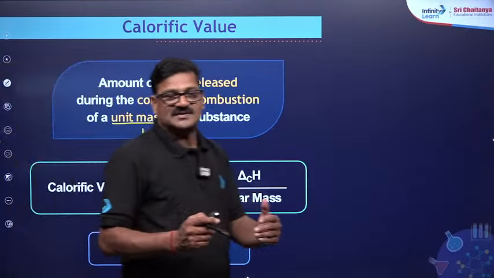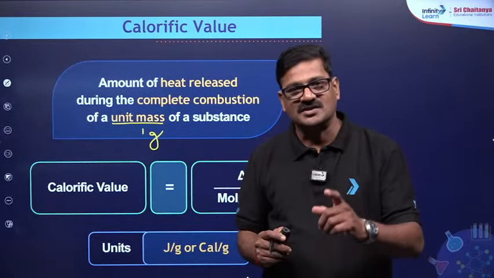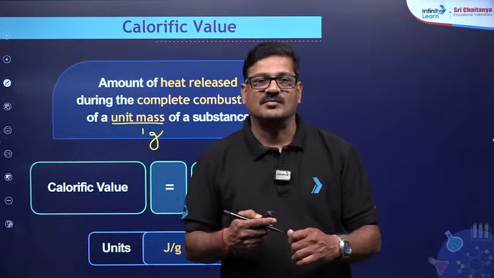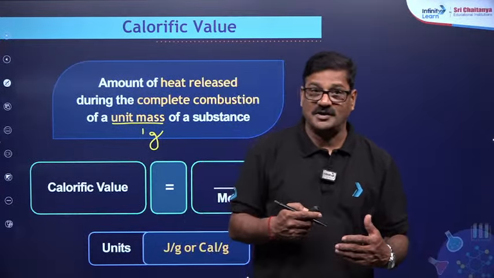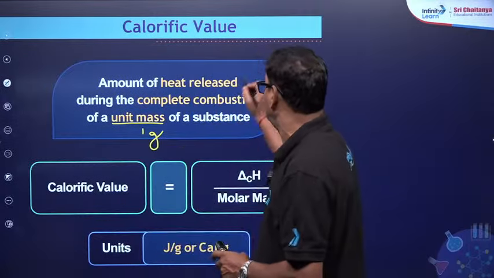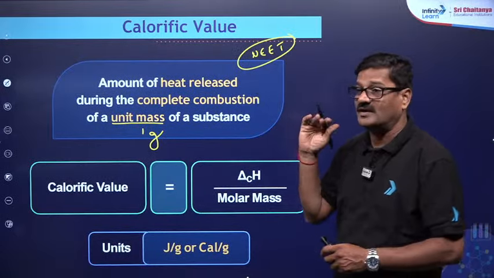So fuel efficiency is measured in terms of calorific value. The one which has more calorific value is going to be the better fuel. That's very important. So in the NEET examination, you will be given a question which is the better fuel.